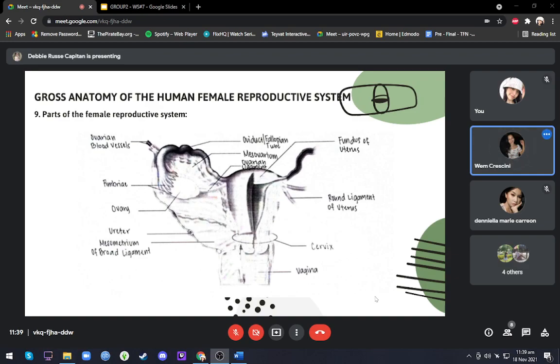And then next is the mesovarium and the ovarian ligament. And then we have here on the right side, the fundus of the uterus, the round ligament of the uterus. And then we have here the cervix, and then the last one is the vagina.